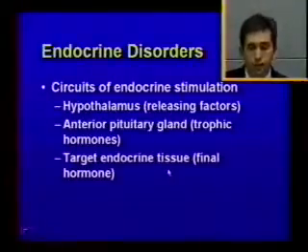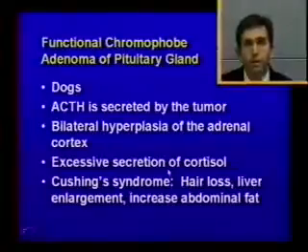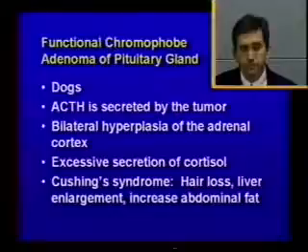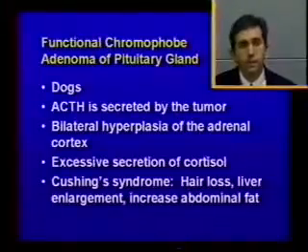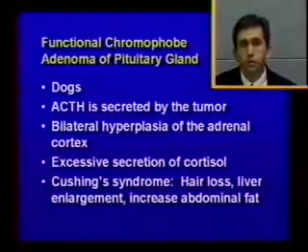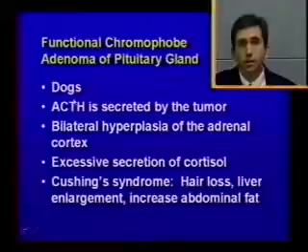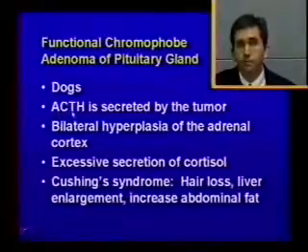And let me show you an example of that. That would be a functional chromophobe adenoma of the pituitary gland in the dog. In this condition, which is one of the most common causes of Cushing's disease in dogs, or hyperadrenocorticism, we see that a tumor that is located in the pituitary gland stimulates the adrenal cortex through the production of ACTH, adrenocorticotropic hormone.